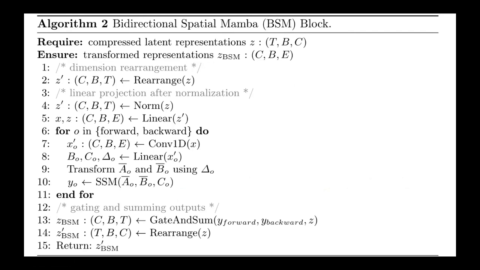Now gate is basically a sigmoid of Z times weights, and gate 1 plus gate 2 must be equal to 1. This is the output of gate and sum, and then we rearrange C×B×T back to T×B×C, and we will return that.